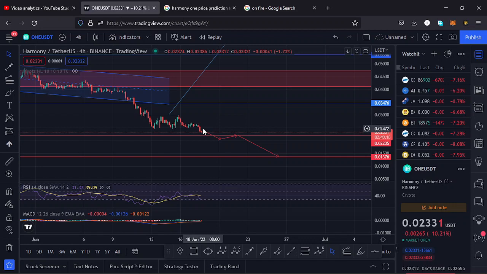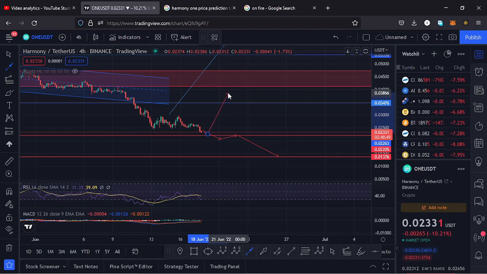The other key scenario that can play out on this chart is that we can maybe go to this key area of support down here at around the $0.023 mark, and once we land on that key area we might find a support and have a bounce to the upper side, and that move can take us to around the $0.03 mark, and that is a key area of resistance at the moment.